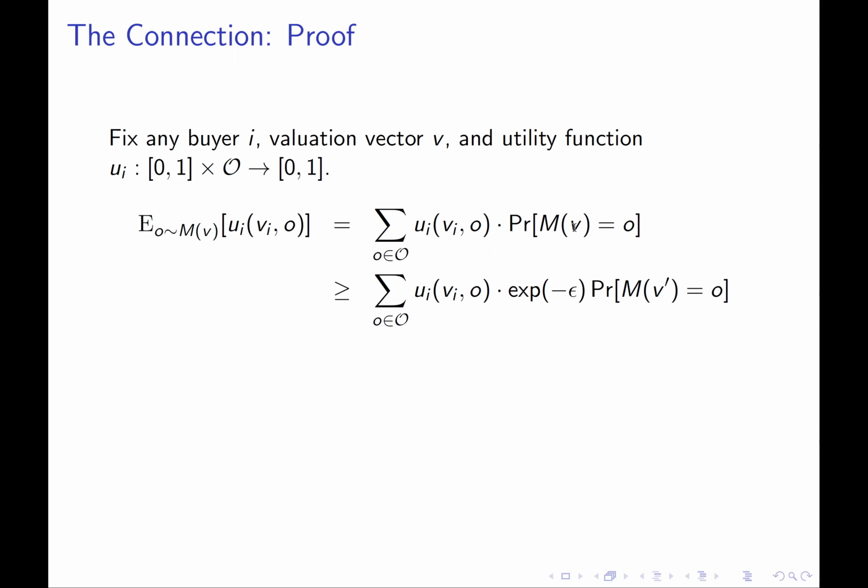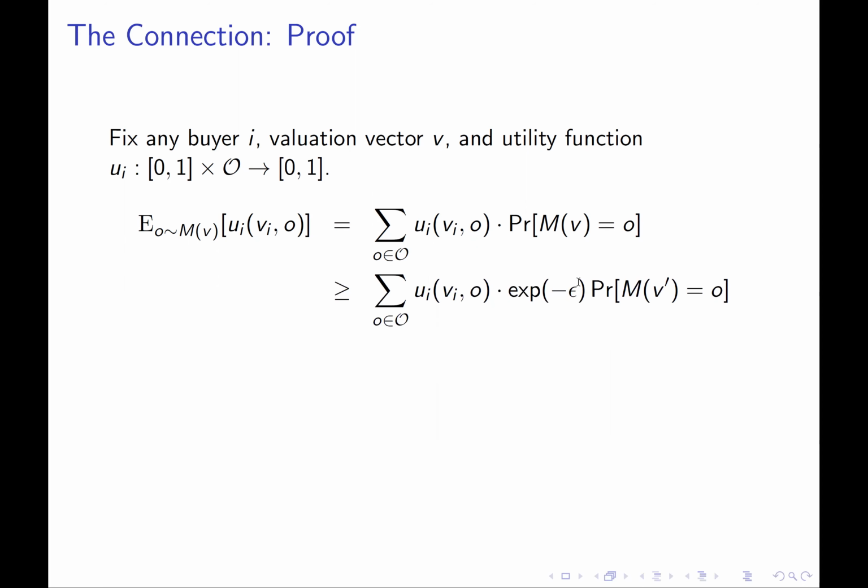And now we can directly apply the definition of differential privacy, which says that the probability of any event does not change by more than an e to the epsilon factor if a single bidder changes his bid. So in particular, if bidder i changes his bid from truth-telling to an arbitrary misreport, then the probability of each outcome o changes by at most an e to the epsilon factor. It can go up by at most an e to the epsilon multiplicative factor, and it can go down by at most an e to the minus epsilon multiplicative factor.